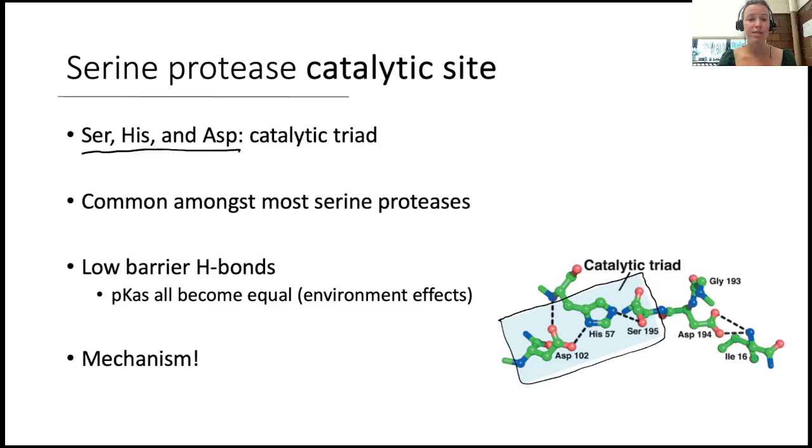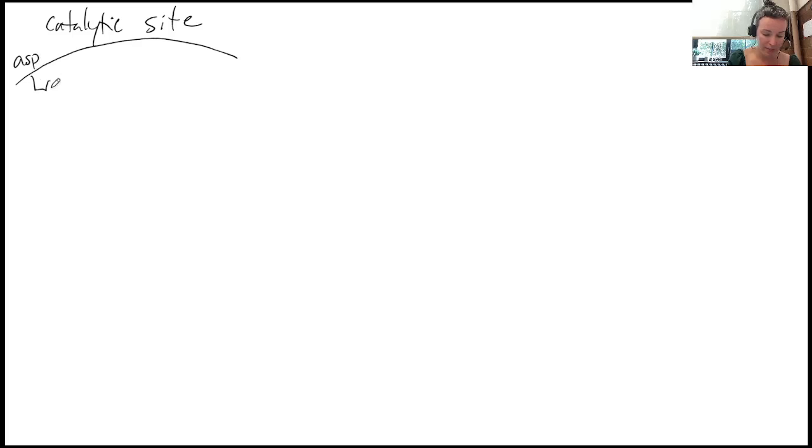So let's go through this mechanism for the serine protease catalytic site, starting, of course, by drawing the catalytic site. So we're going to draw our aspartate, our histidine, and you'll see again that I'm just going to simplify the R group and not draw it out, and also serine.